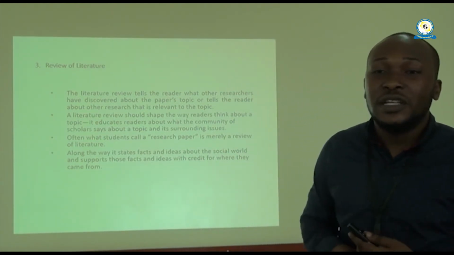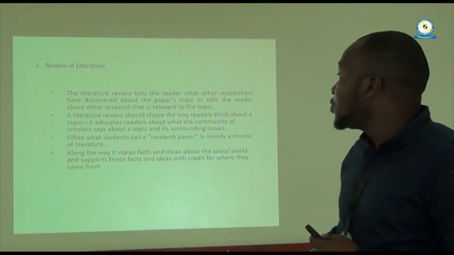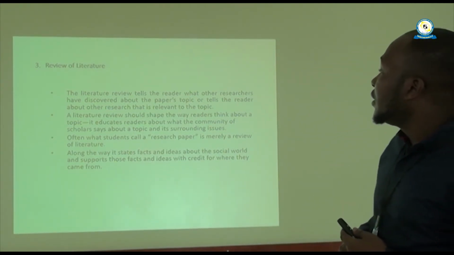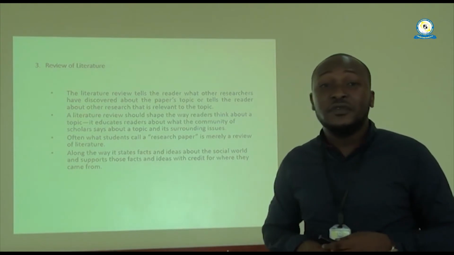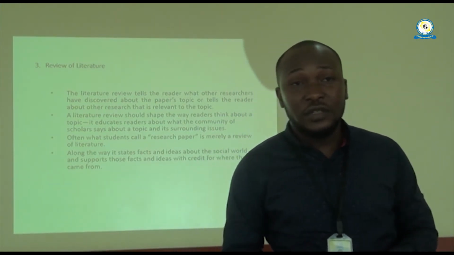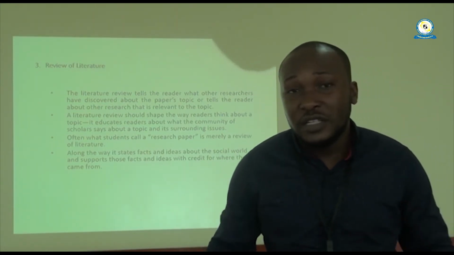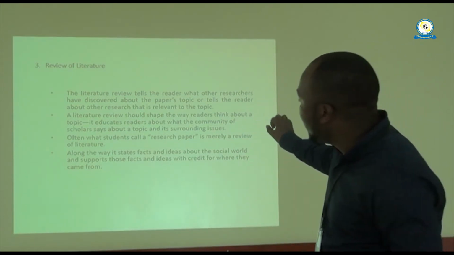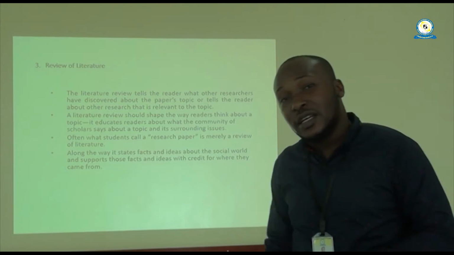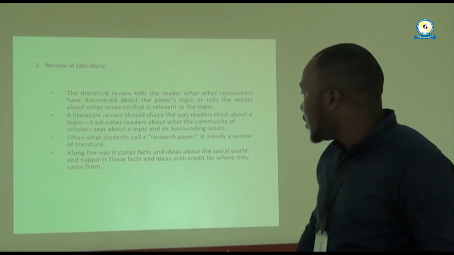Or it tells the reader which other research is relevant to the topic. Literature review should shape the way the reader thinks about the topic. It educates the reader by giving explanations of common terms that have been used, for example, in your title. When you say microcredit, what do you mean? What does it mean by microcredit? What does it mean by small-scale farmers? So you educate your reader through literature survey.